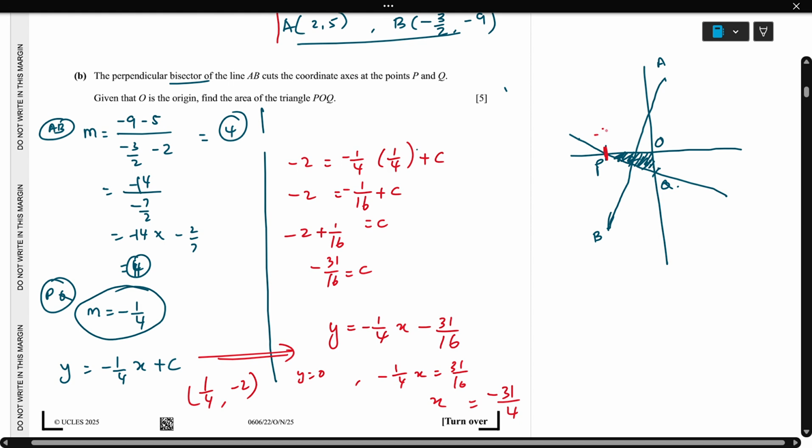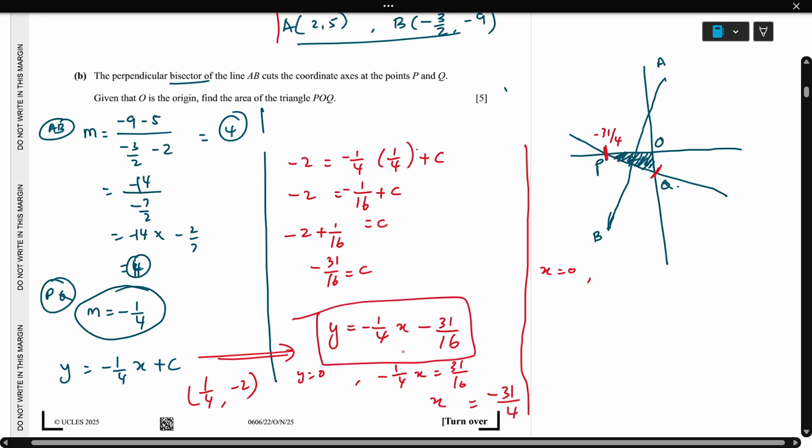Next, put x equals 0 to get Q: the x term is 0, so y equals minus 31 over 16. So P is (minus 31 over 4, 0) and Q is (0, minus 31 over 16).